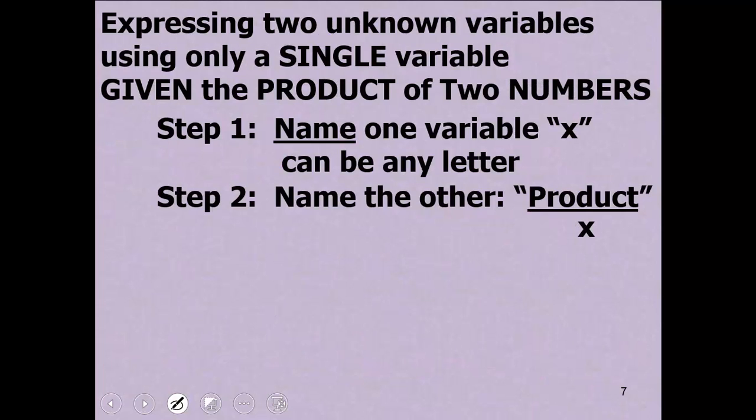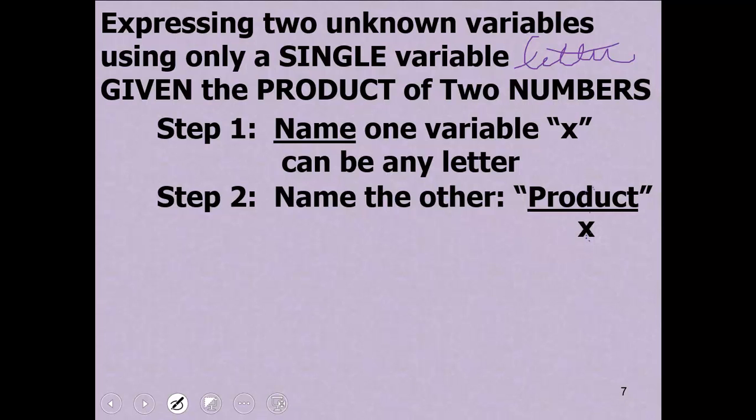Very similar when you're going to express two unknown variables using only a single letter, and you're given the product. Name one of the variables, pick a letter. Then the other one is going to be the quotient, or the division: the product divided by the first variable.